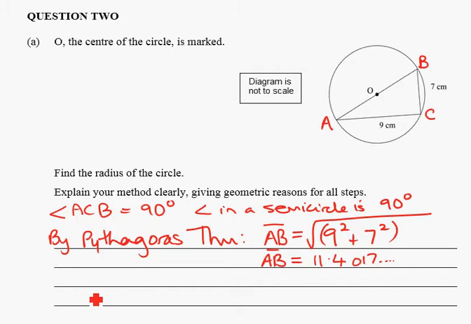Now we did want the radius, therefore the radius, which is AB divided by 2, is going to equal 5.7. We're in centimetres, and that's to 1 decimal place.